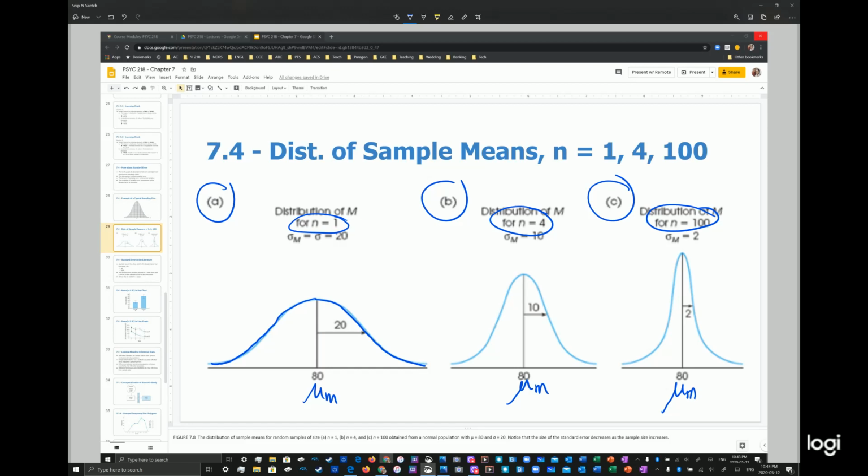So notice here that as the sample size gets larger, the standard error gets smaller. And only if the sample size is 1 would your standard error be the same as the population standard deviation.